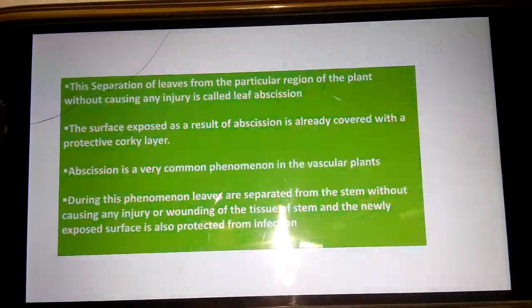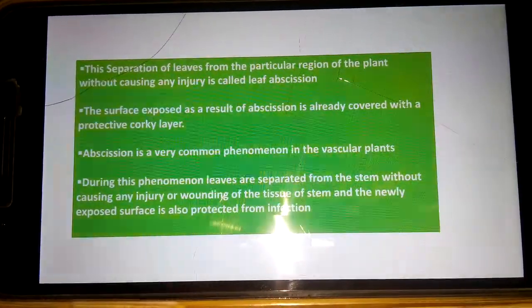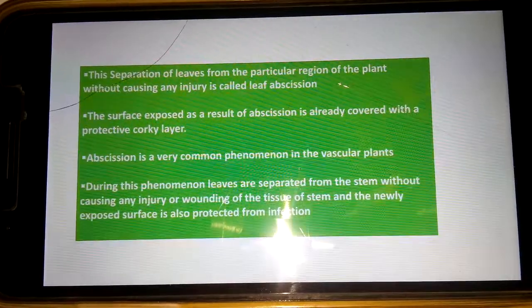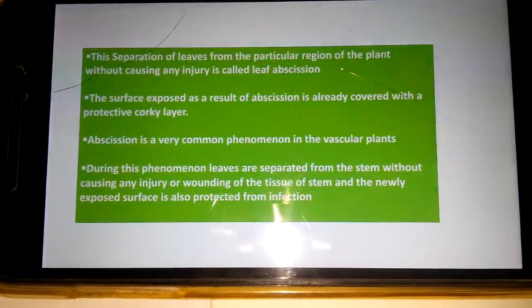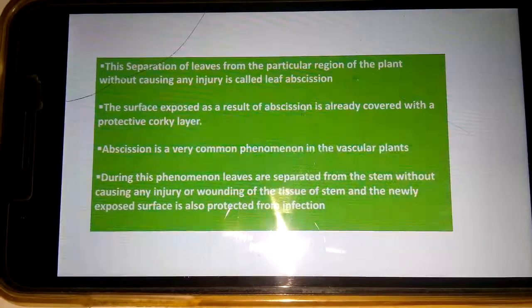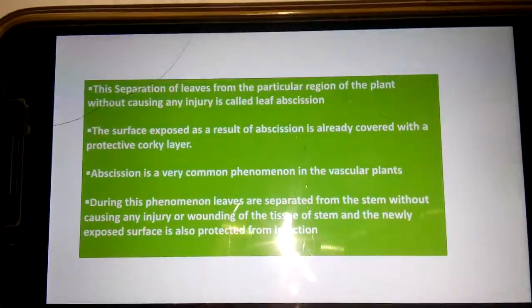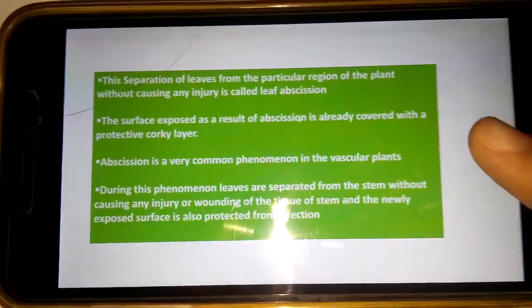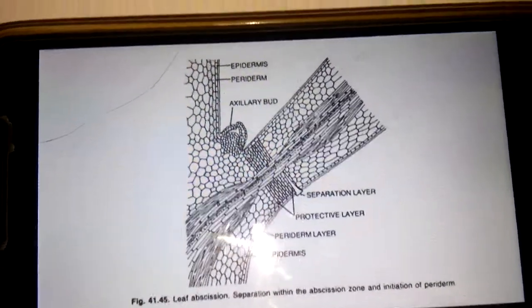Abscission is a very common phenomenon in vascular plants. During this phenomenon, leaves are separated from the stem without causing any injury or wounding of the tissue of the stem, and the newly exposed surface is also protected from infection. This is leaf abscission.